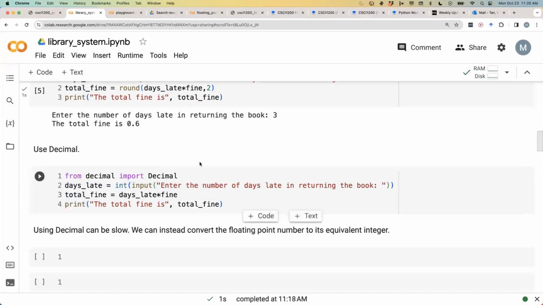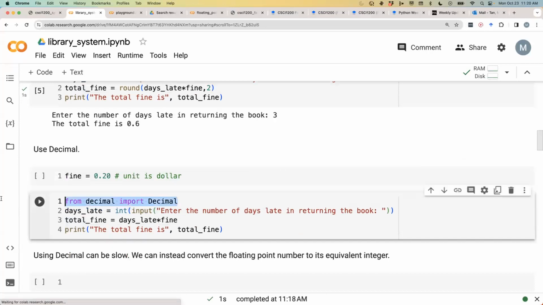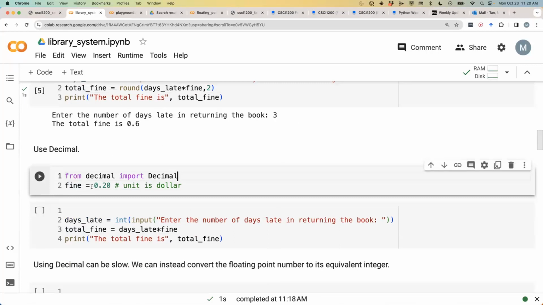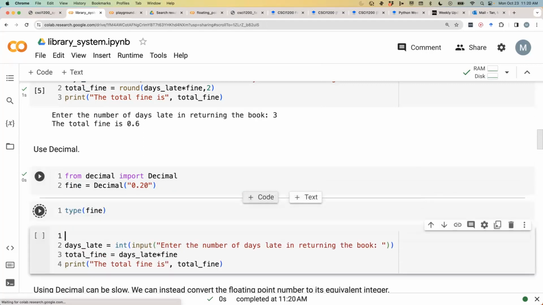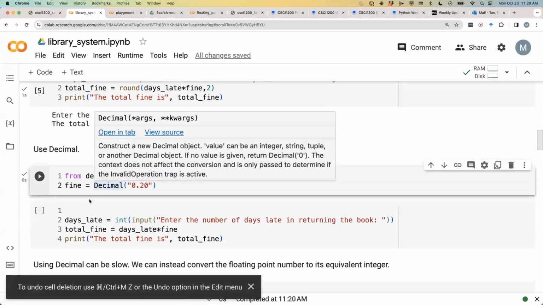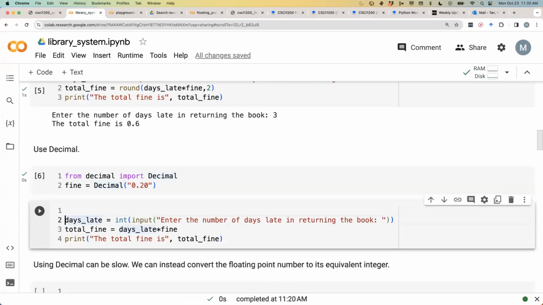Rather, it will be defined as type Decimal. All right, so fine now will be equal to Decimal with a string '0.20'. Okay, so let's run this. Now, if you want to check the type of fine, you see that it's type Decimal, right? So any computation involving type Decimal will give precise calculations.